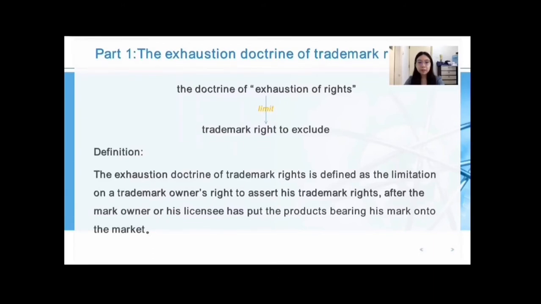The exhaustion doctrine of trademark rights is defined as the limitation on a trademark owner's right to assert his trademark rights after the trademark owner or his licensee have put the marked products onto the market. In other words, a trademark owner is stopped from controlling the further flow of his trademark goods that he has released into the marketplace.